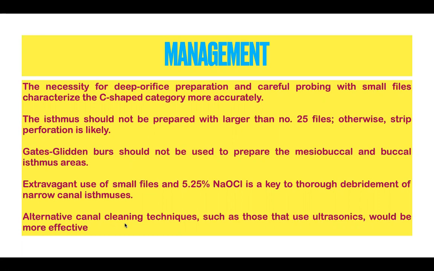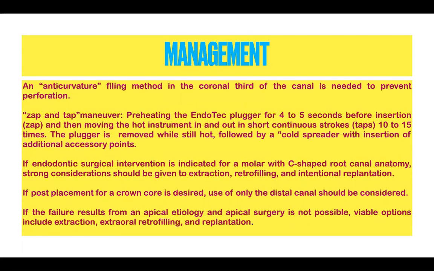Alternative canal cleaning techniques, such as those that use ultrasonics, would be more effective, but we should be cautious while using ultrasonics because there are different cases reported with strip perforation related to ultrasonics. An anti-curvature filing method in the coronal third of the canal is needed to prevent perforation.